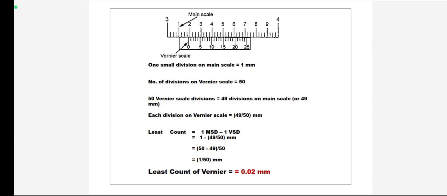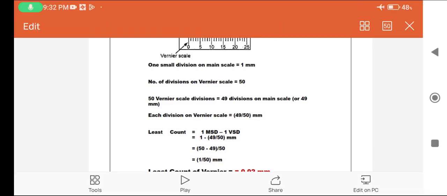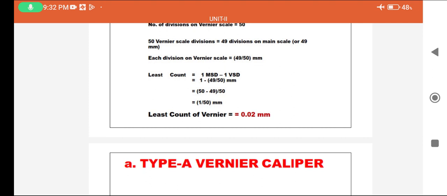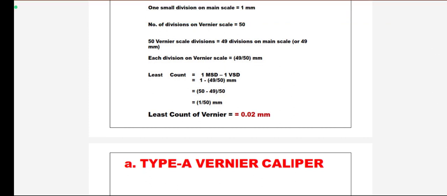So 50 vernier scale divisions equal 49 main scale divisions. The least count equals 1 main scale division minus 1 vernier scale division, that means 1 by 50 mm. So the final answer, the least count of the vernier caliper is 0.02 mm.